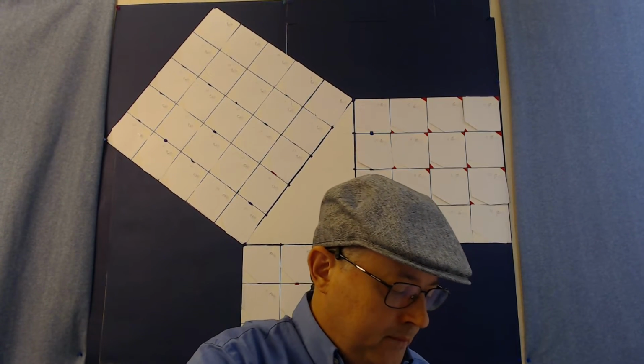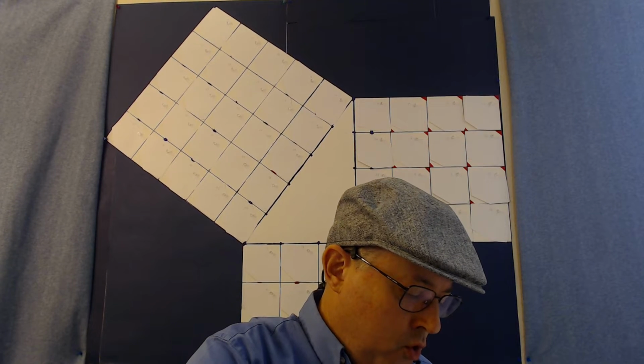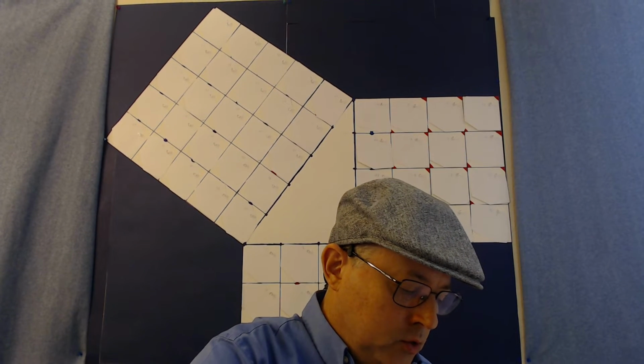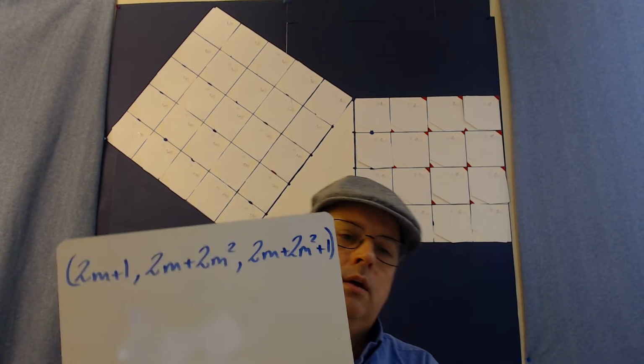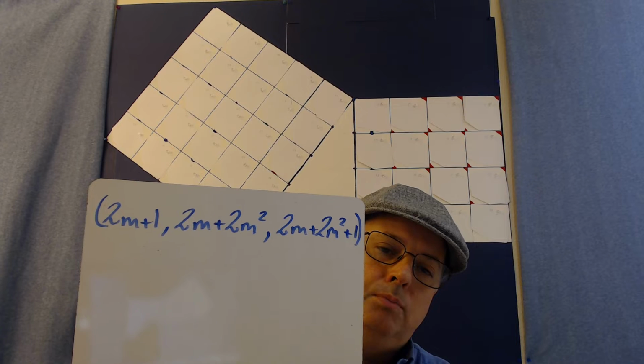So in the previous video, we talked about this formula: 2m plus 1, 2m squared plus 2m, and 2m squared plus 2m plus 1. This is a formula that generates Pythagorean triples.